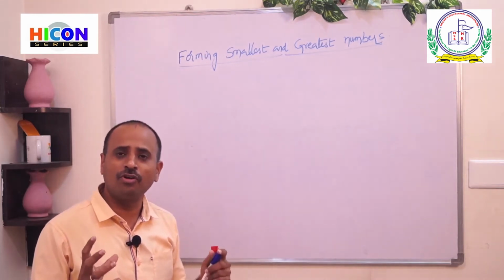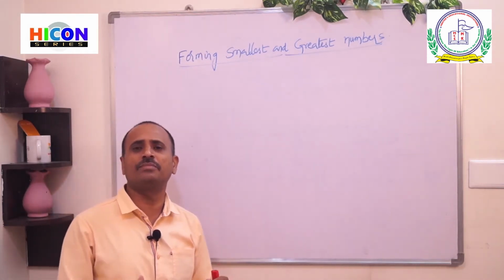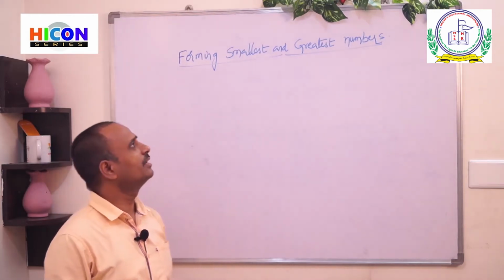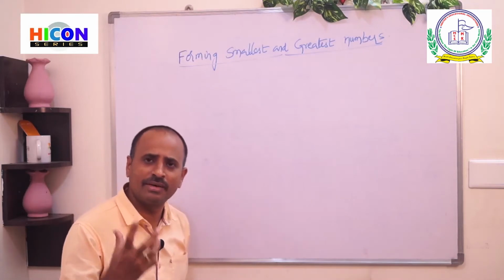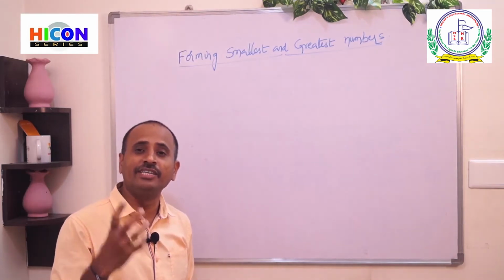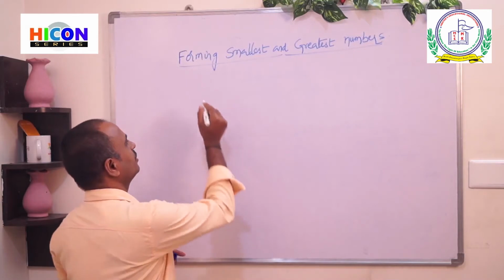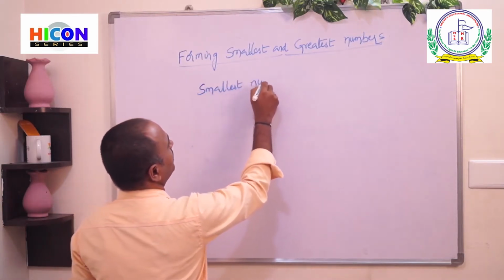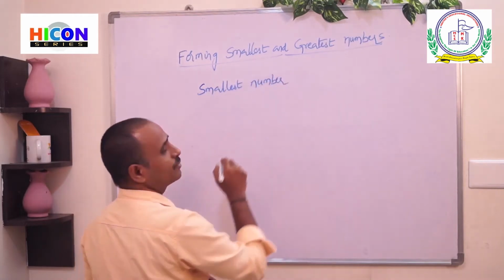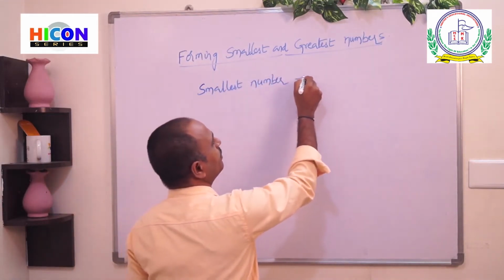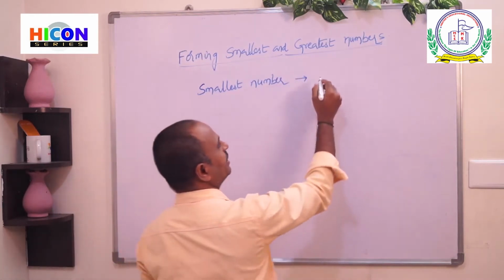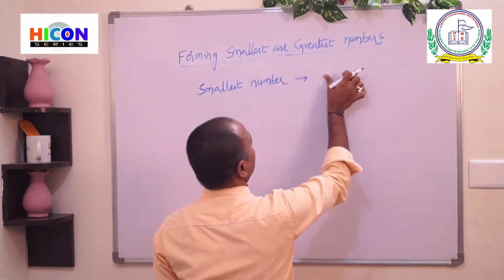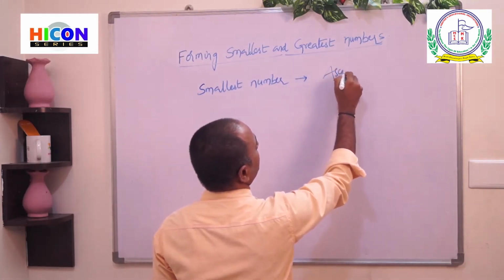Children, how to form the greatest number and smallest number with the given set of digits. The smallest number can be obtained by arranging the given digits in ascending order.